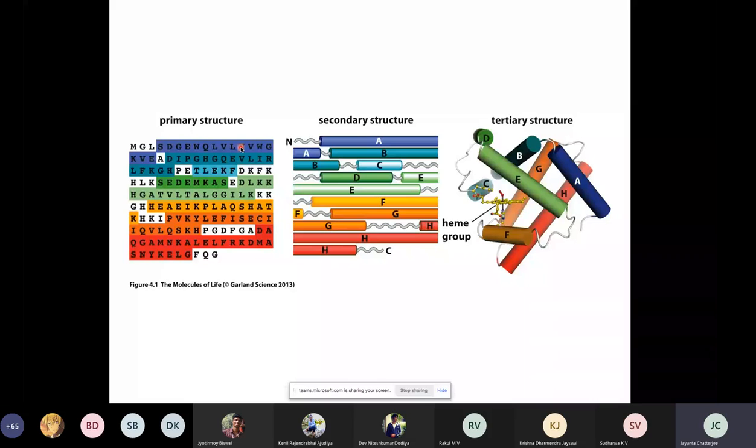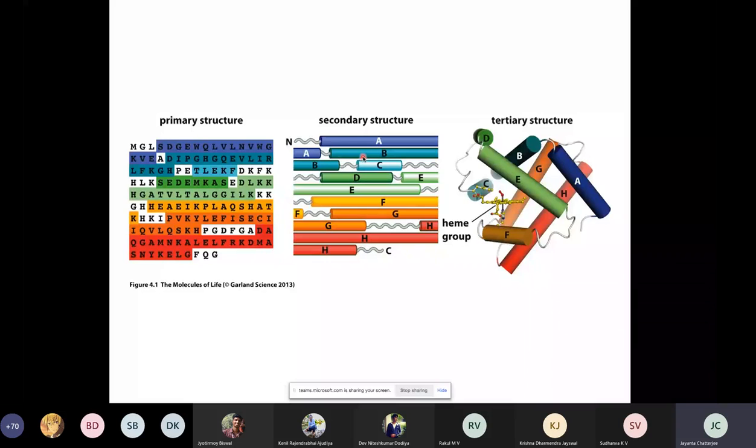Okay. So because of the sequence of amino acids, there is sometimes the formation of very local structures, right? And those local structures are typically known as secondary structures. What is shown in the secondary structure cartoon, these cylinders, I think this is the structure of myoglobin, or could be hemoglobin also.